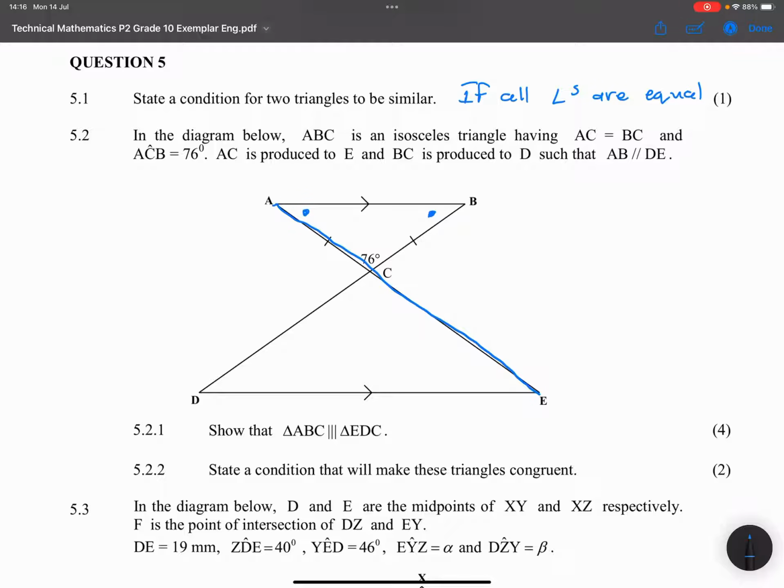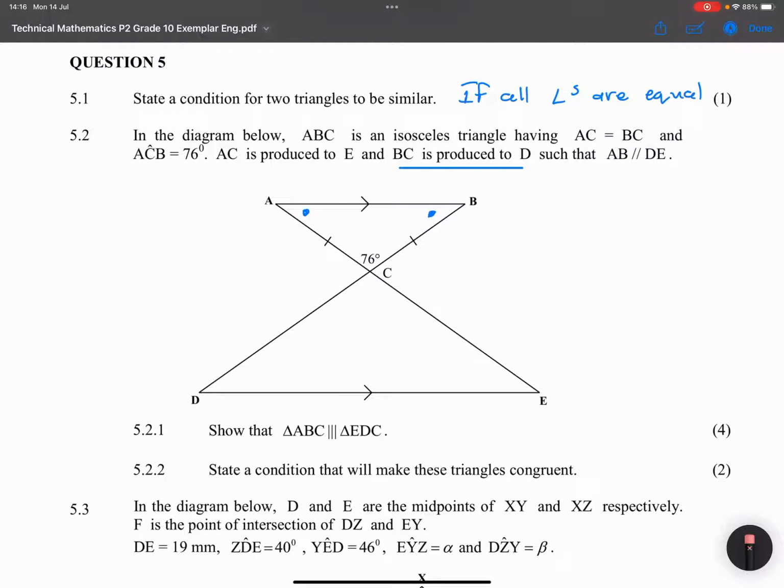That's important because then we can get the value of the angle using the sum of angles on a straight line. The same is true with BC produced to D: those are two straight lines crossing each other, so we're going to have vertically opposite angles over there.